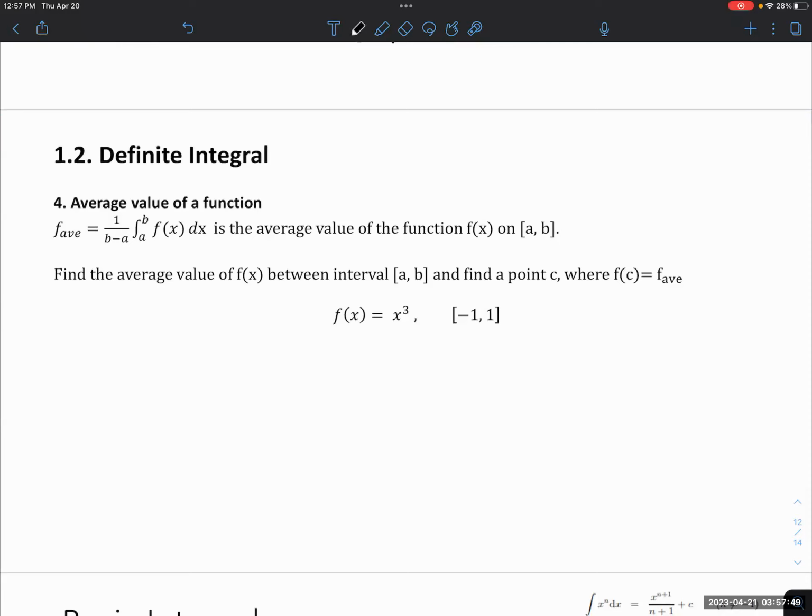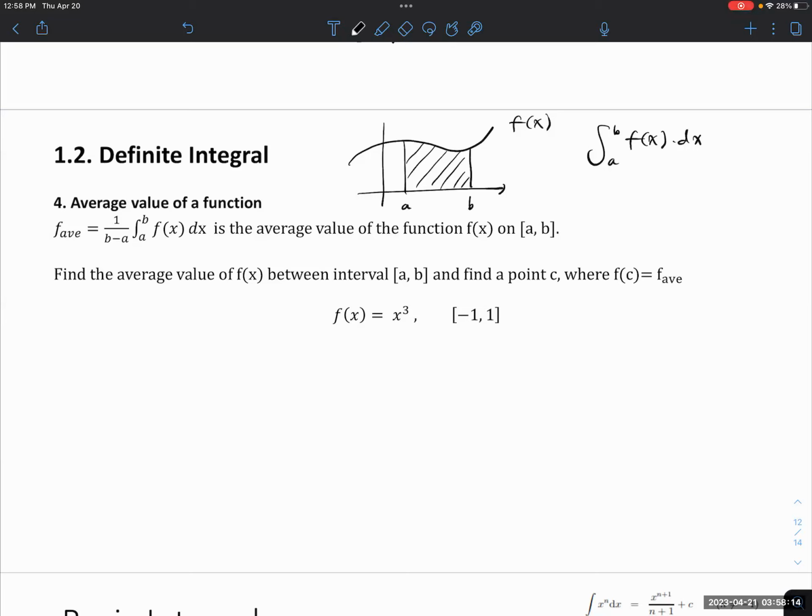Okay, so in 1.4, we're going to talk about the average value of a function. Let's say we have a function that looks like this. By using the integral, you have an interval a to b, and you can find the area under the curve. That's the definition of the definite integral.